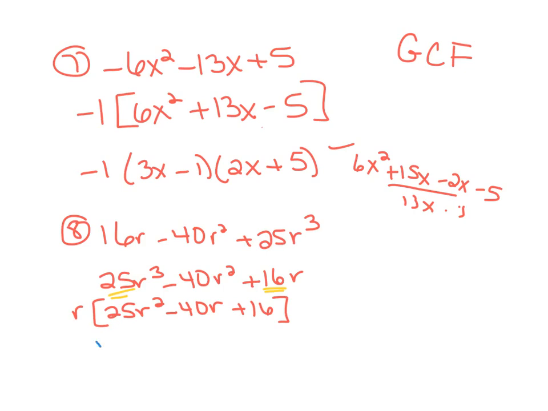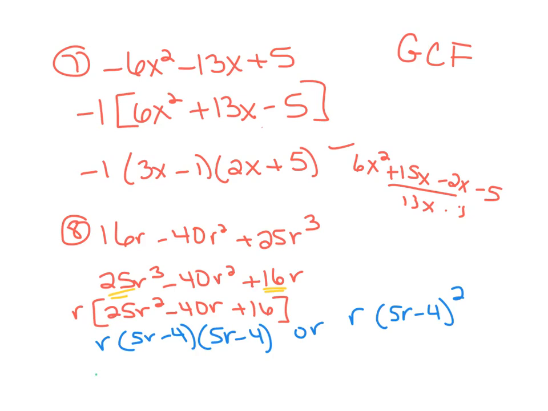Ready? r times 5r minus 4, 5r minus 4, or you could have written it r times 5r minus 4, the quantity squared.